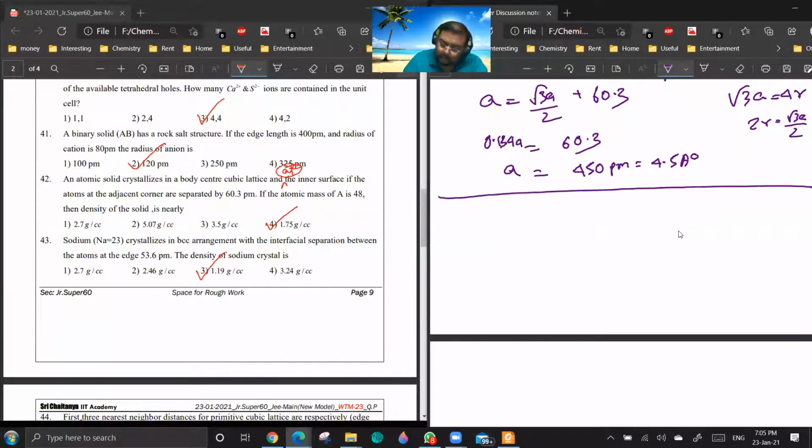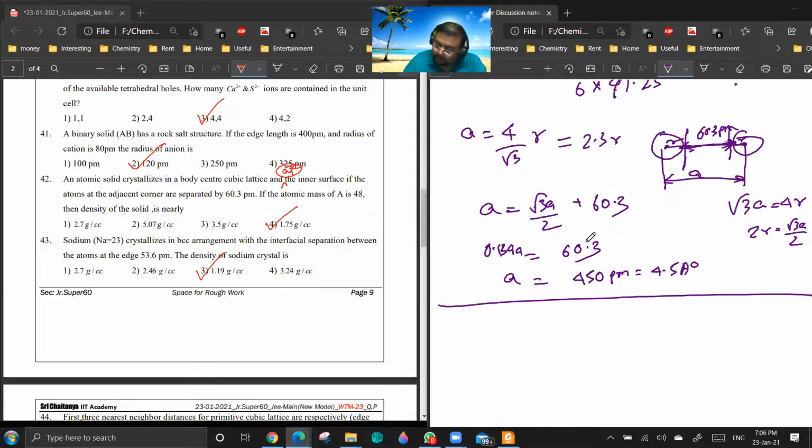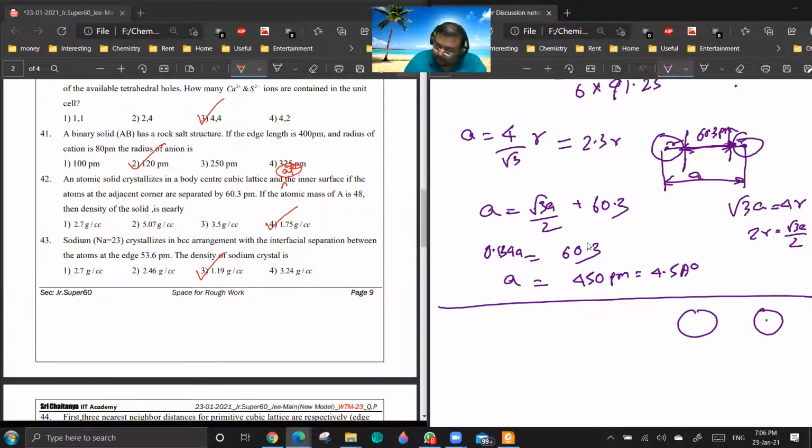So again, they are taking the same thing here. If interfacial separation they are talking about, again, these are the two atoms. This difference is 53.6 and this is A.